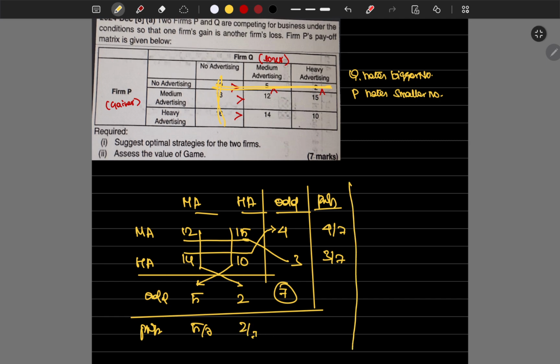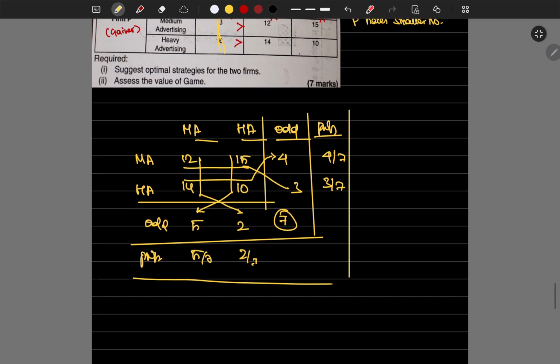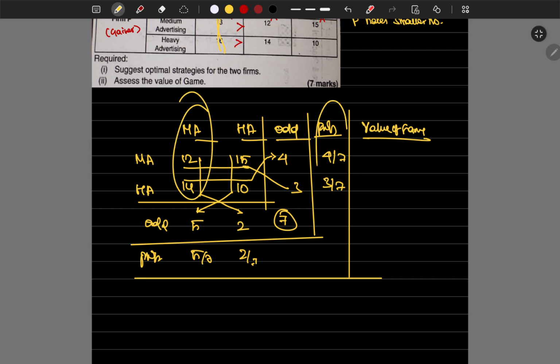Then we have to find out the value of the game. How can we find it? Multiply any of these values with the probability, and we will get the value of the game.